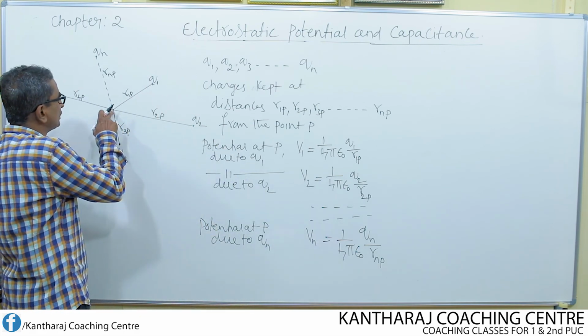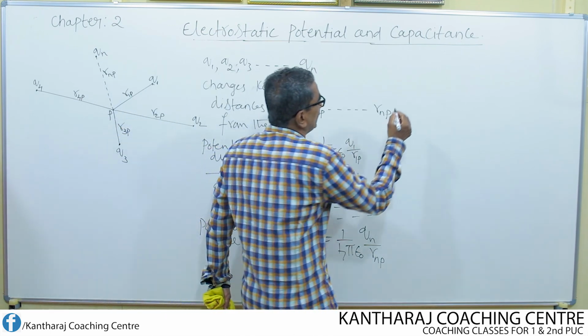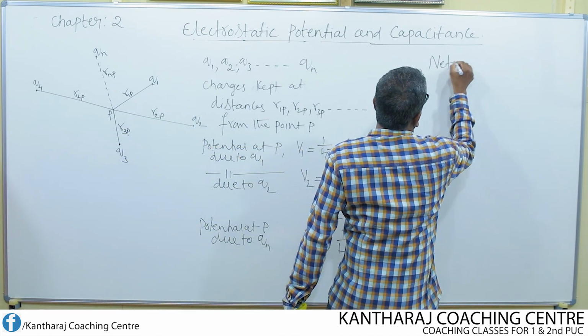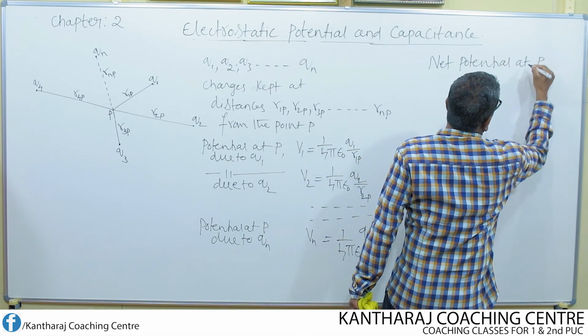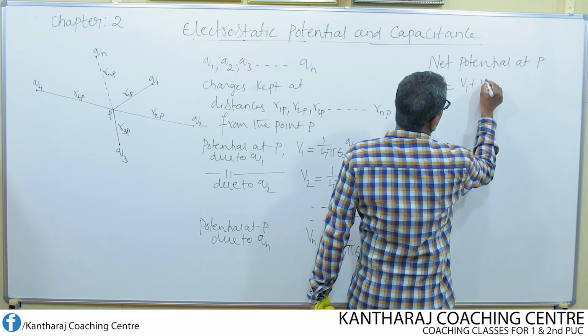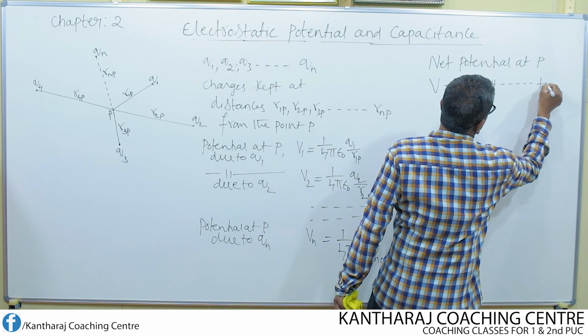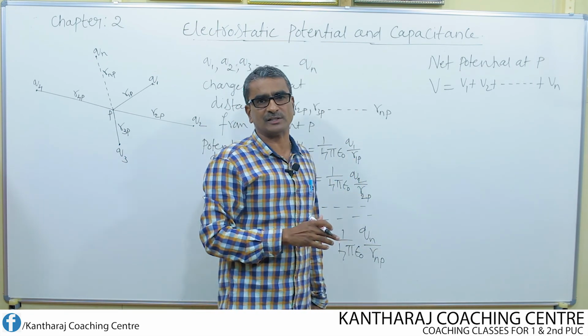Now what is the net potential at the point P due to all these charges? Net potential at P is given by V equal to V1 plus V2 plus up to Vn, according to the principle of superposition of charges.